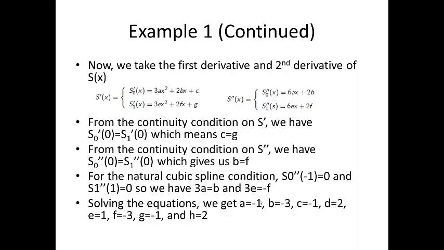And for the natural cubic spline condition, s0 double prime evaluated at minus 1 is equal to 0, and s1 double prime at 1 is equal to 0. So we get 3a is equal to b, and 3e is equal to minus f. We can put these into a system of linear equations and solve them to get a is equal to minus 1, b is minus 3, c is equal to minus 1, d is equal to 2, e equals 1, f is minus 3, g is minus 1, and h is 2.